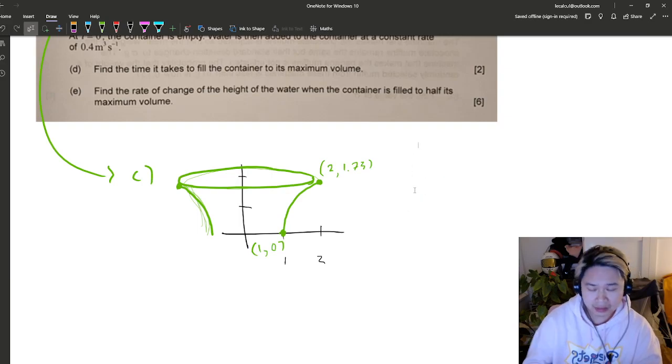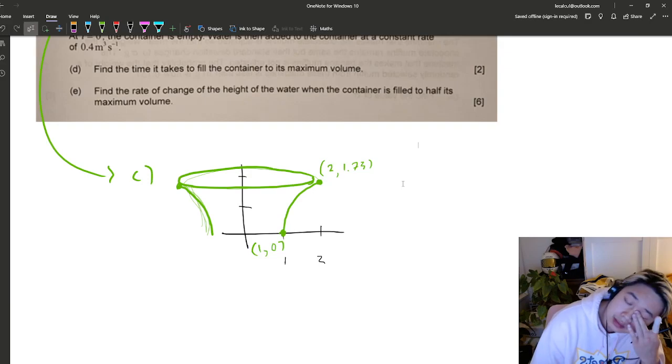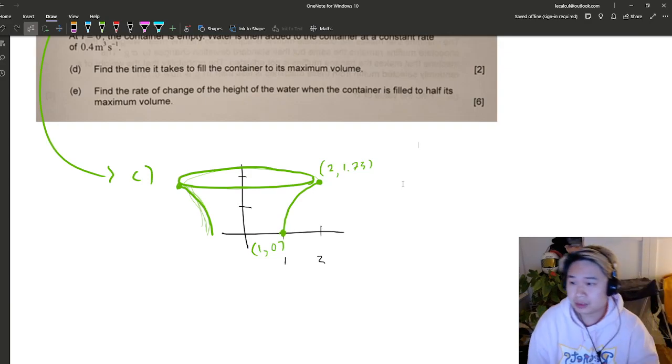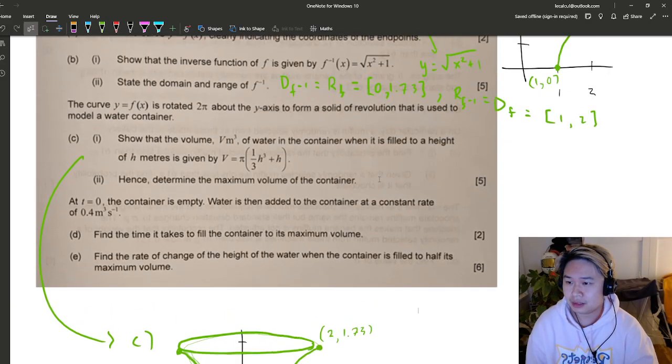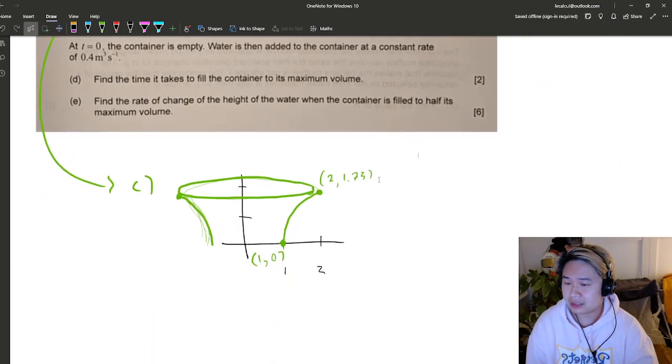Now, I already know how to do this because a couple of years ago, I helped one of my students with their final calculus exam.